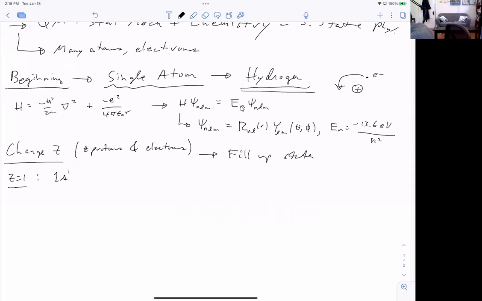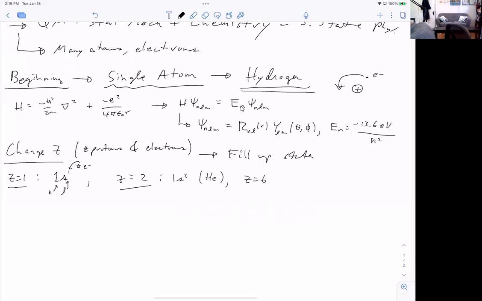That's the N, that's the L, and that's the number of electrons, right? You guys remember this? And if I have Z equals 2, then of course I would have 1s2, and that's helium, right?